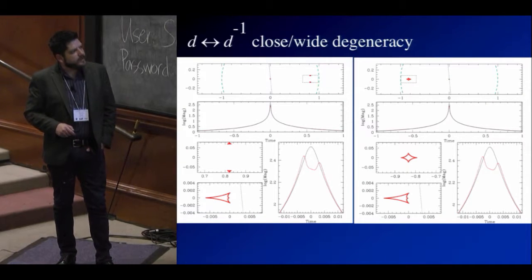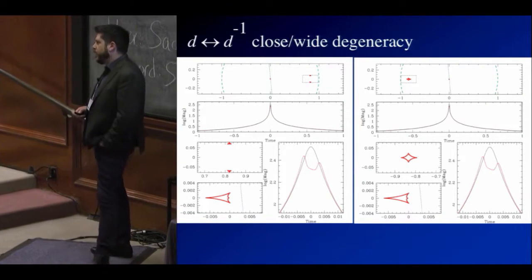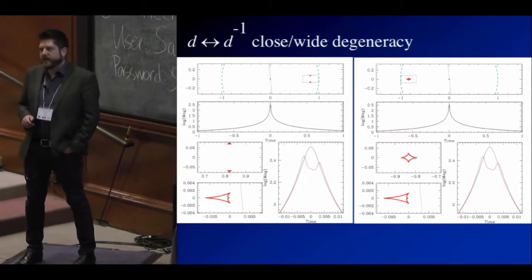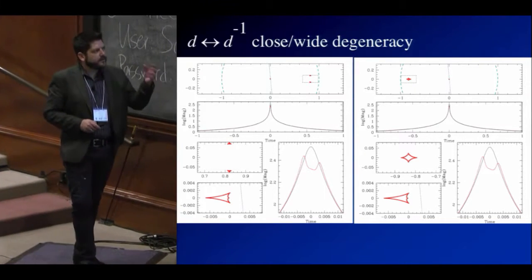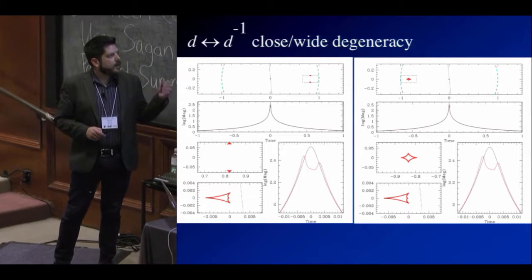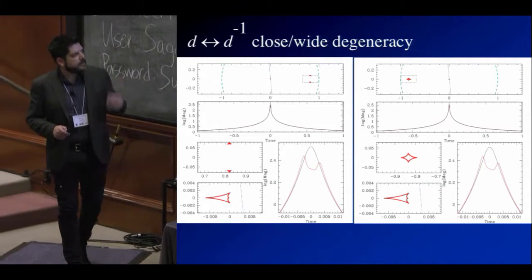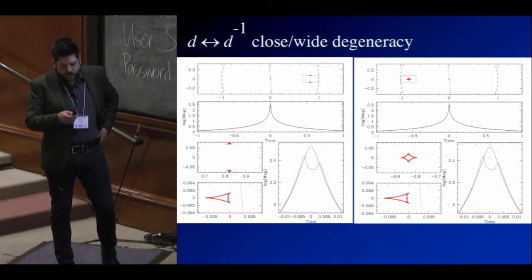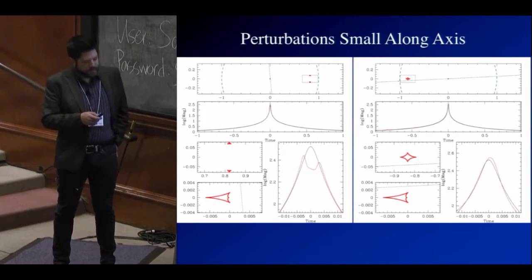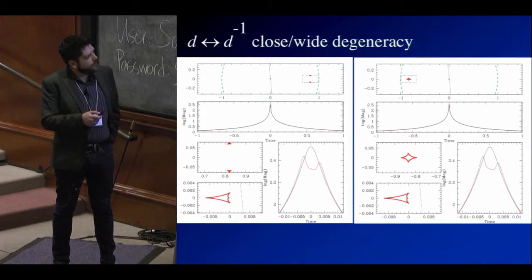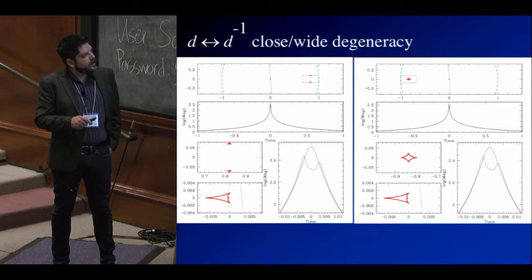There are other issues, like degeneracies. There are models with very different parameters that can explain the data almost equally well. This is due to a mathematical degeneracy in the lens equation itself. One of the best known is the close-wide degeneracy for high magnification events, where an event with a separation from the Einstein ring of d, and one with a separation of 1/d, produce perturbations that are almost identical.